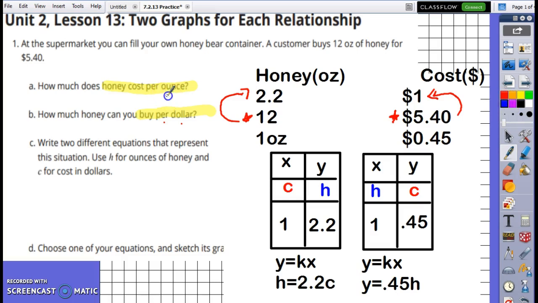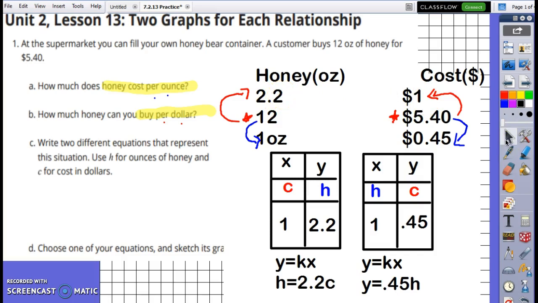In order to find how much for 1 ounce, I had to divide both of these amounts by 12. When I did that, I found that 1 ounce of honey was 45 cents, or with $1, I could buy 2 and 2/10 ounces of honey.